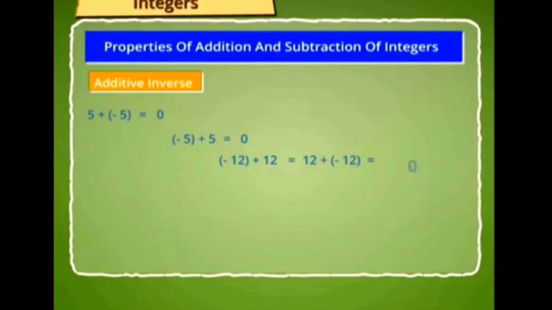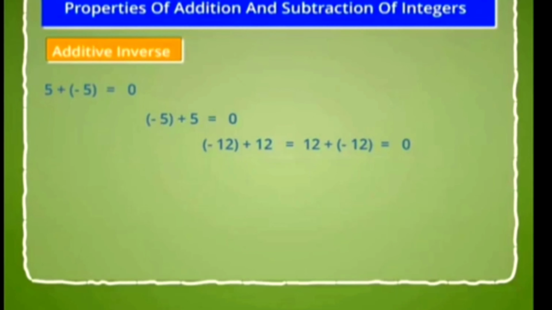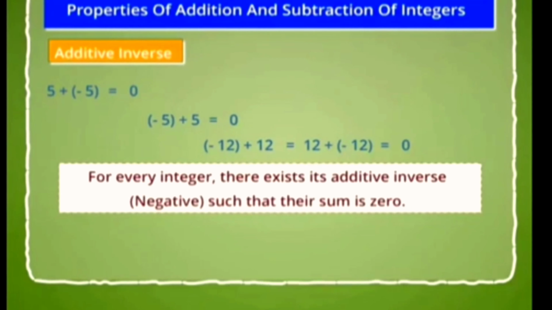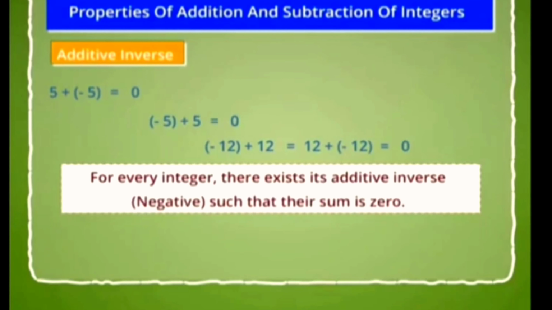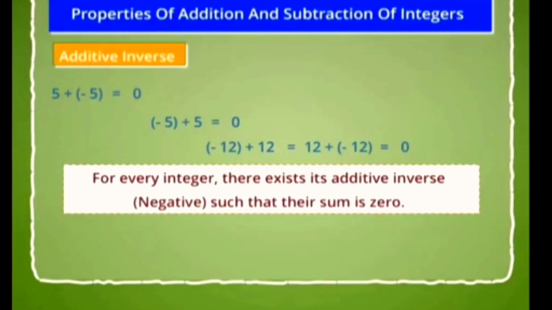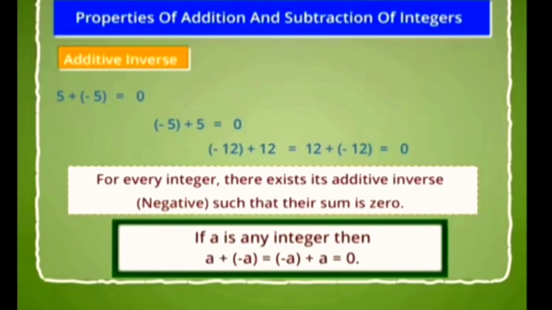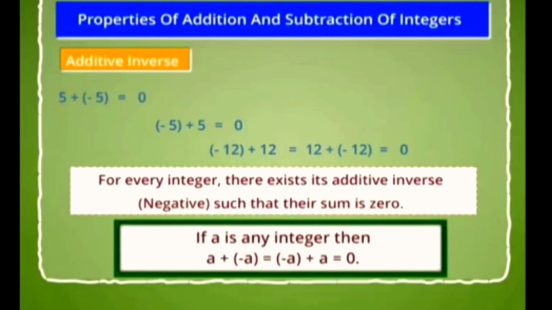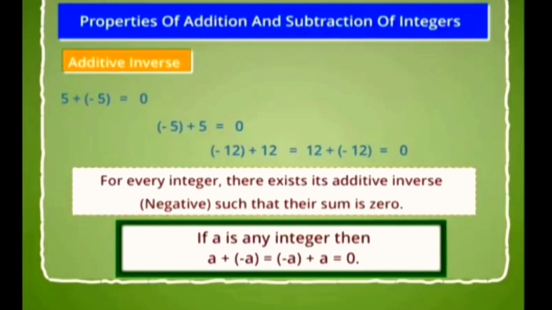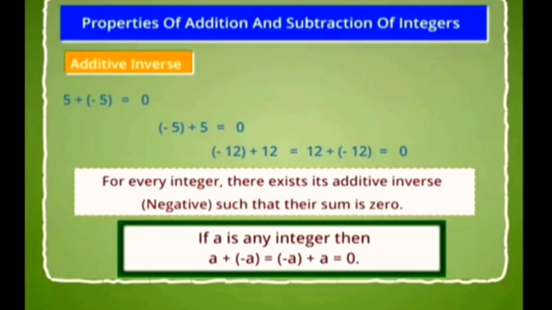From this we observe that for every integer there exists its additive inverse such that their sum is 0. Hence, if a is any integer, then a plus minus a is equal to minus a plus a is equal to 0.